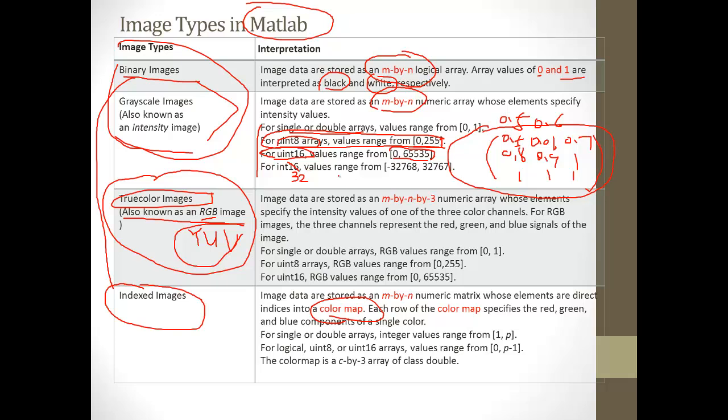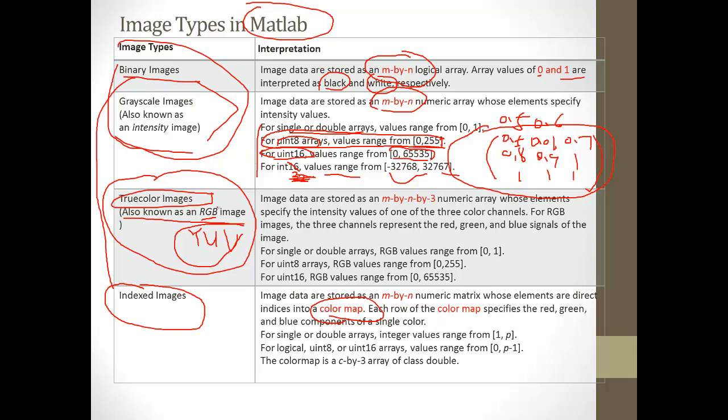Sometimes also there are negative values, so for integer 16 bits, the value will range from negative to positive. So that's for the gray image.